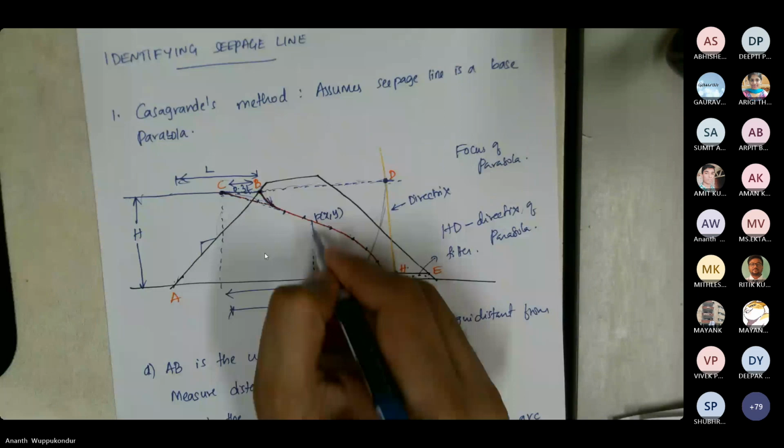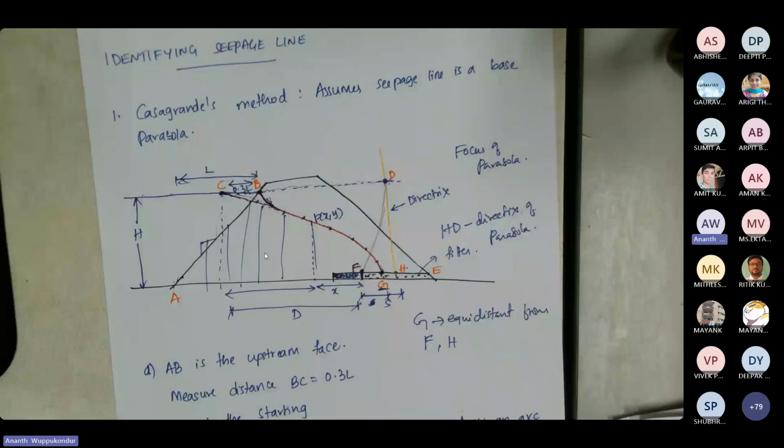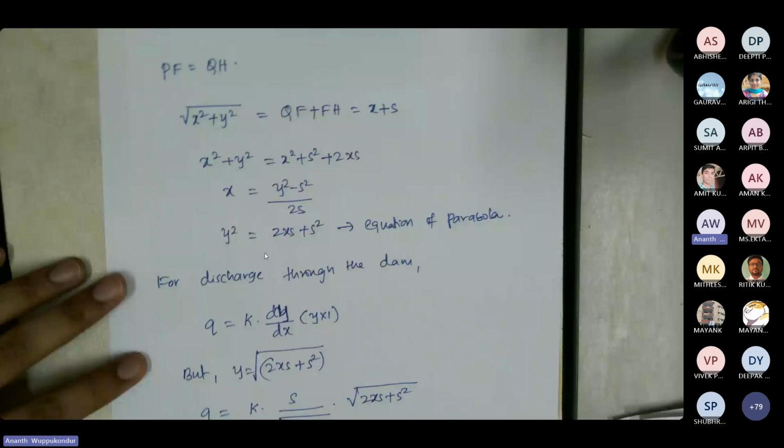So you have seepage all across here of the dam. We need to find out what is the discharge through this. So to do that, what we do is again make use of the parabola equation.